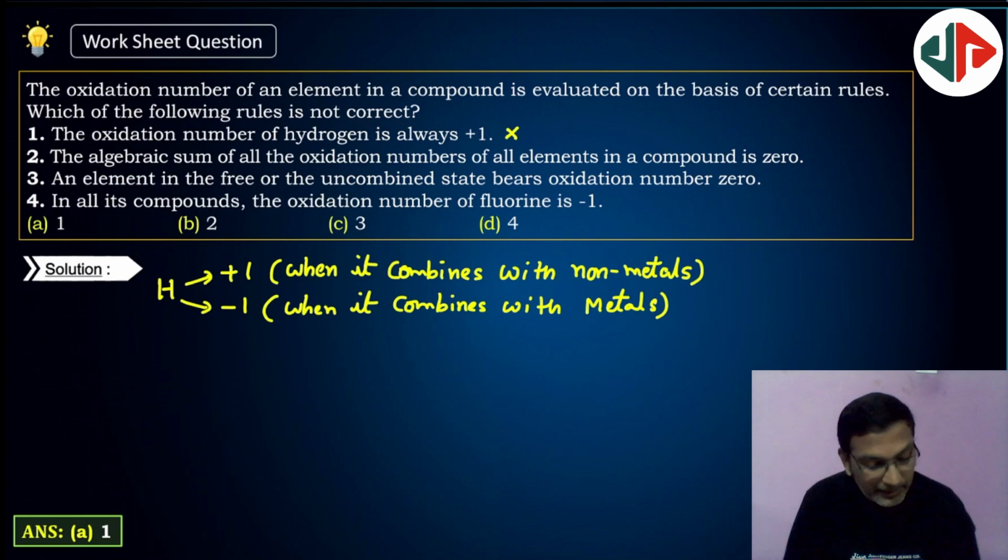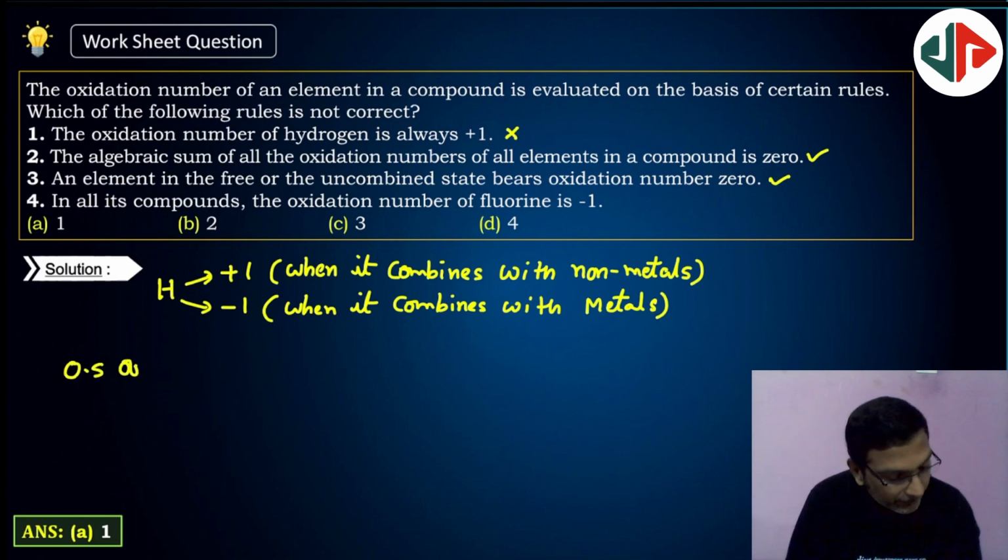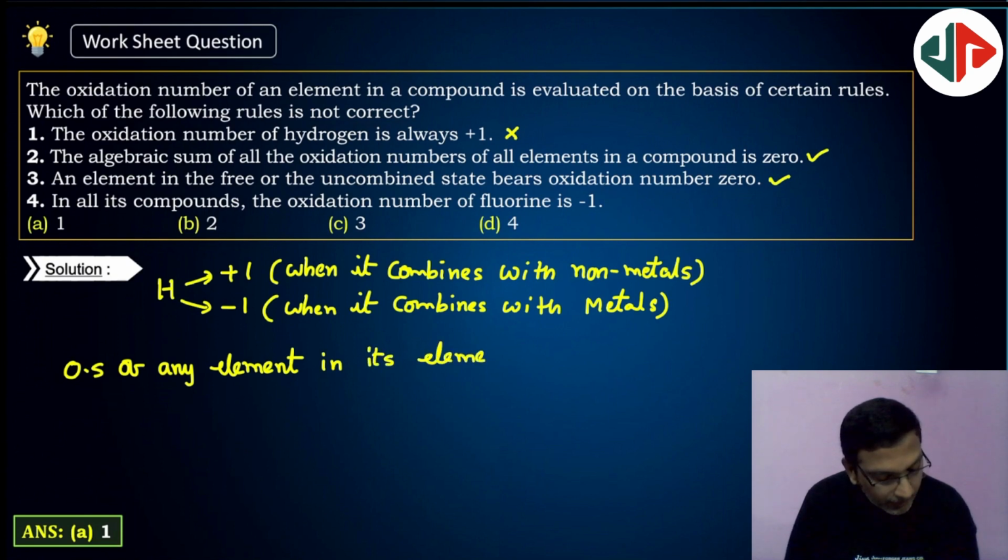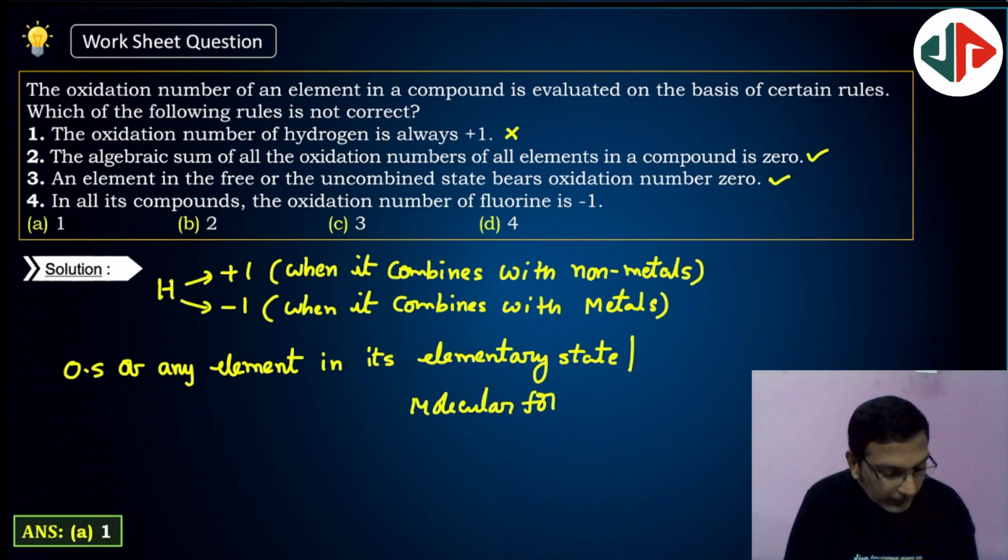Next, the algebraic sum of all the oxidation states of elements in a compound will be equal to 0. That is condition. Next, an element in a free or uncombined state bears oxidation number 0. Free or elementary state, oxidation state of any element in its elementary state or molecular form can be taken as 0.